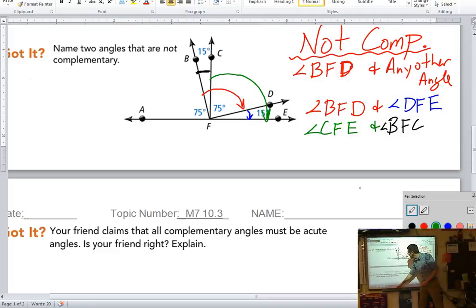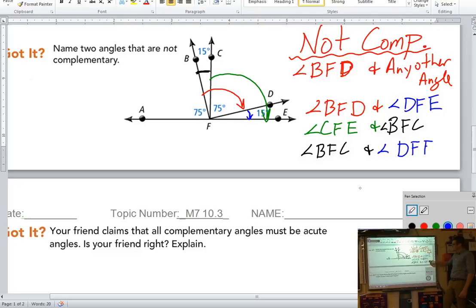Another thing that I could do is take angle BFC, which is 15 degrees, and combine that with angle DFE, which is also 15 degrees. 15 plus 15, I get 30, not 90, not complementary.